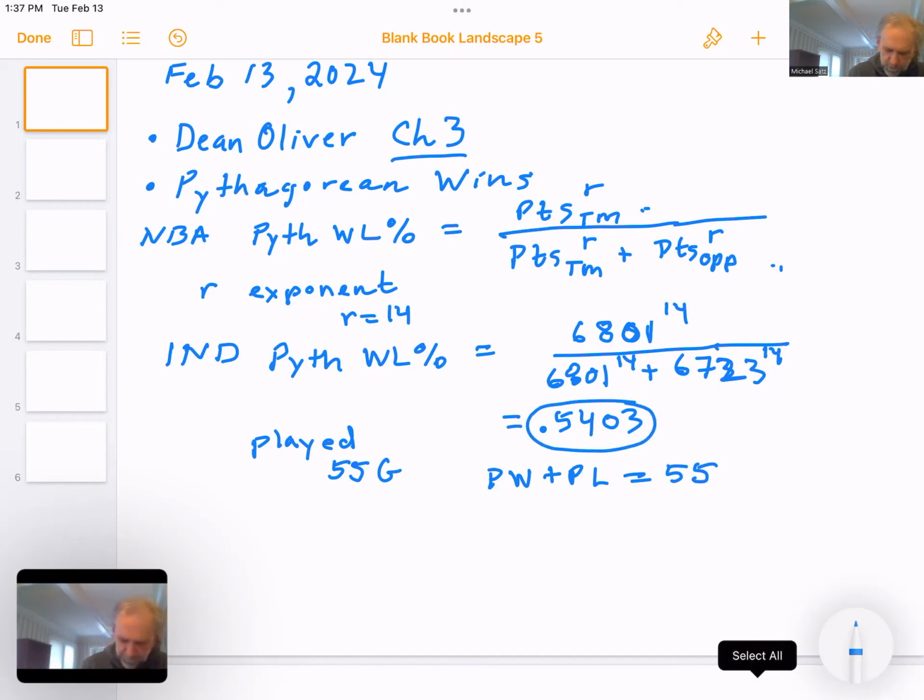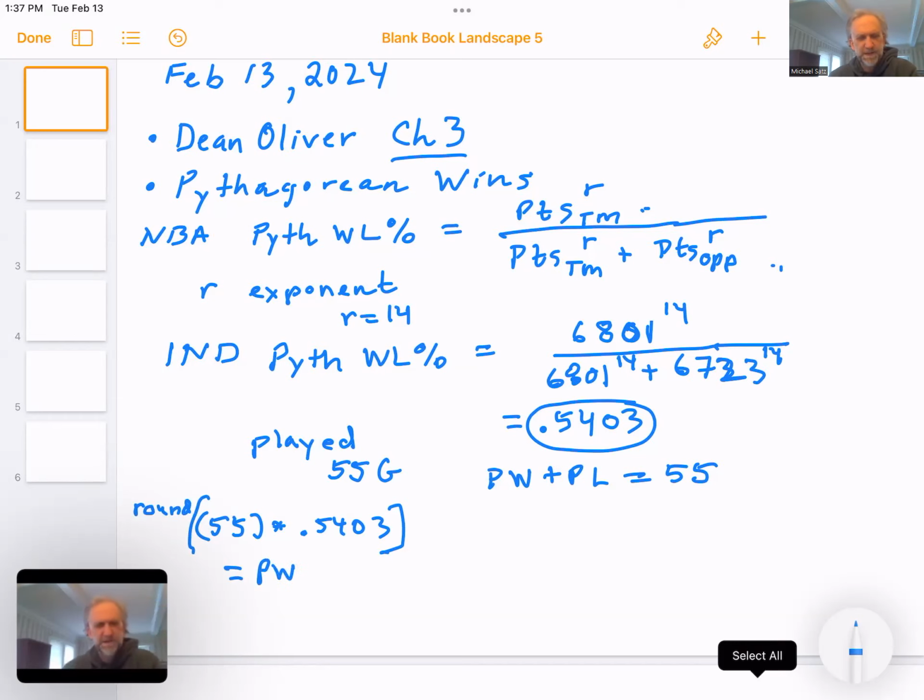So we would take 55 times 0.5403 and round this. So let's write it like this: round equals P win. And then use this constraint to get P loss.